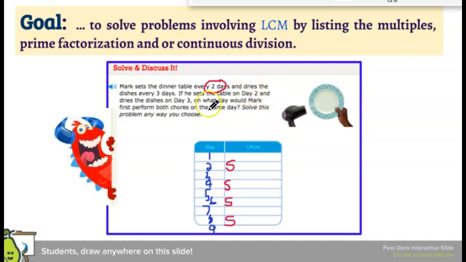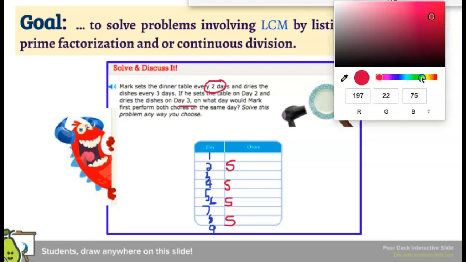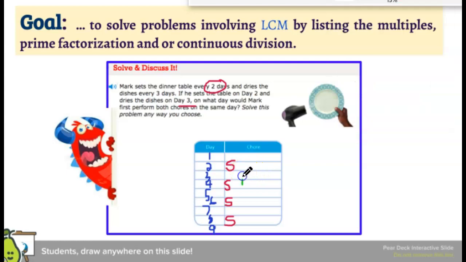And then we know that on every 3rd day he dries the dishes. He dries the dishes on the 3rd, on the 6th, and on the 9th.